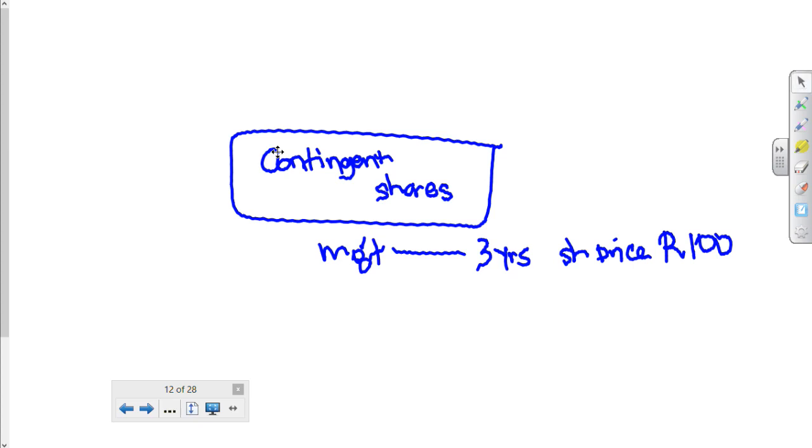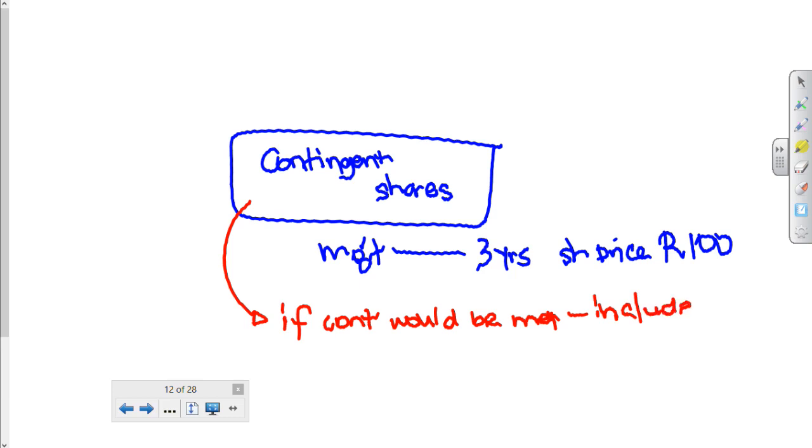So the rule for contingent shares is this. If the contingency would be met, I include. If it would not be met, I don't. So if a year end comes and the share price at that year end is 101 Rand, then it shows me that that contingency would have been met by that year end, and I include that number of shares into the diluted calc.